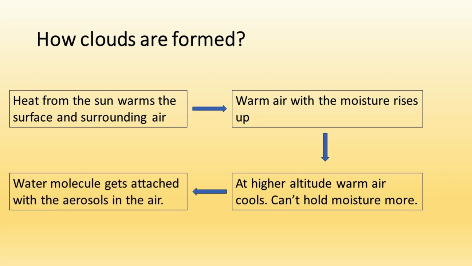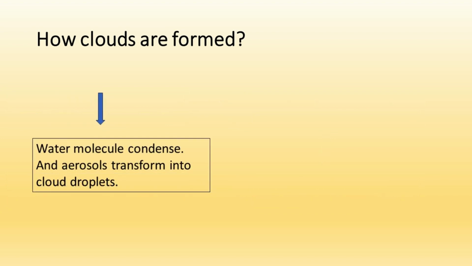Air contains tiny particles of dust, salt and smoke, often called aerosols. They are also termed hygroscopic condensation nuclei. They have a property of attracting water molecules in the air. Hence, water molecules stick to the aerosols.